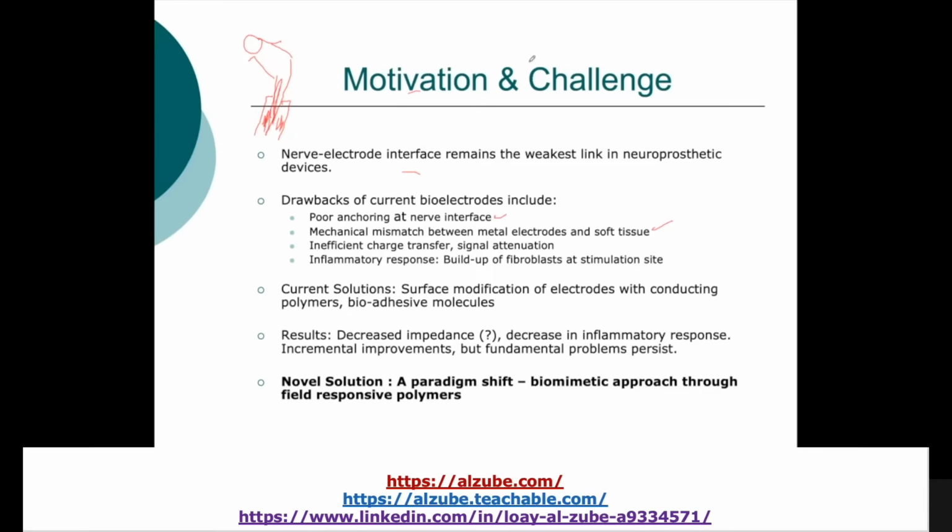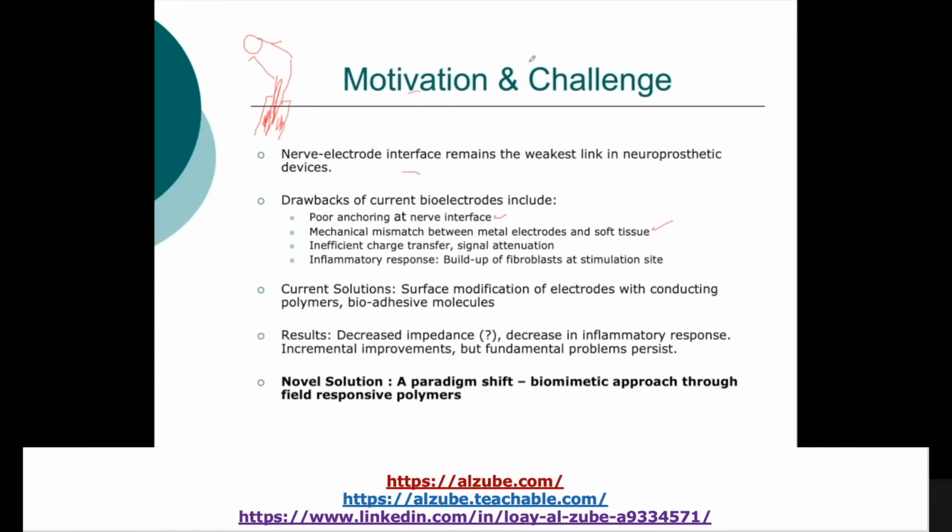Let's go now. How would that affect soft tissue that is in touch with metallic components? Also, inefficient charge transfer and signal attenuation because of the metal resistance. Remember, if you have ions inside the body, propagation of electrical signal is very fast because it is ionic, and we have less resistance and we have these channels.